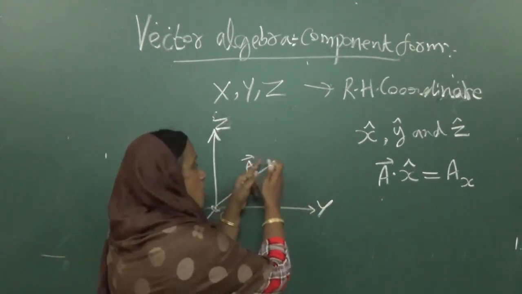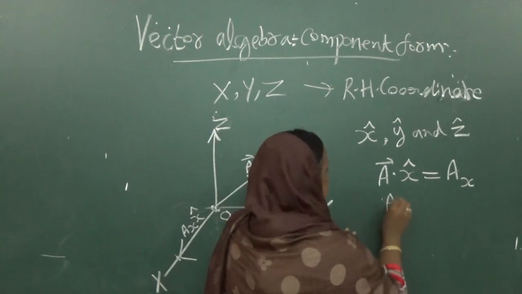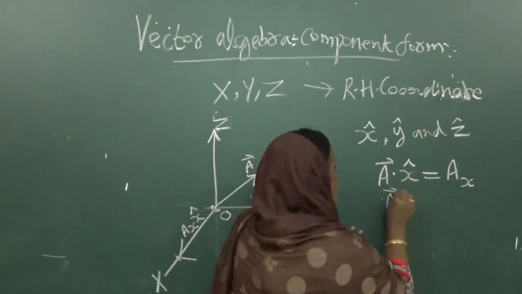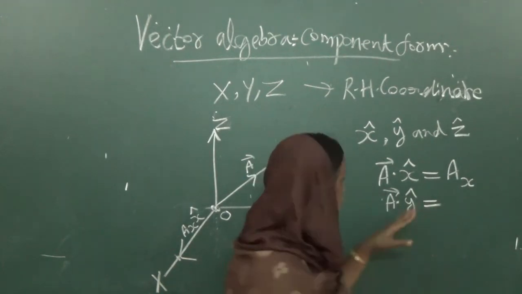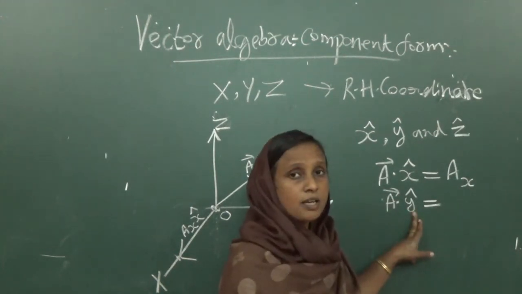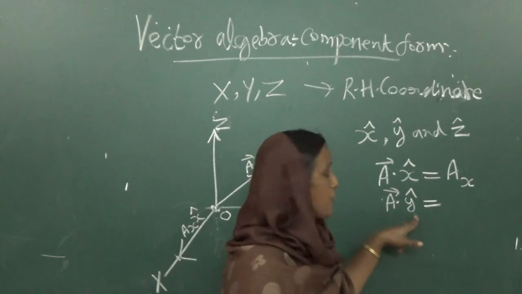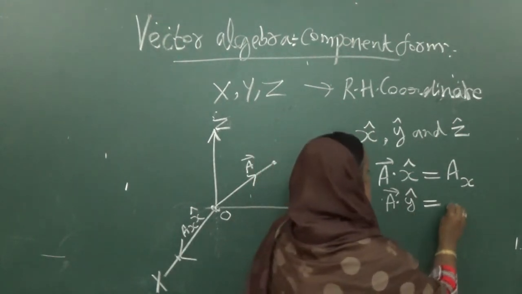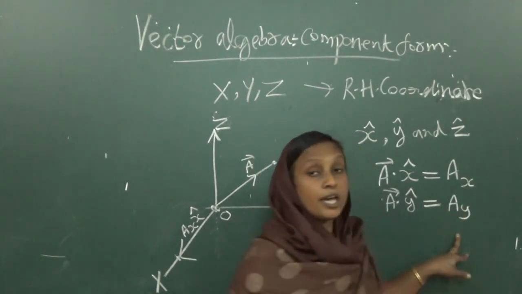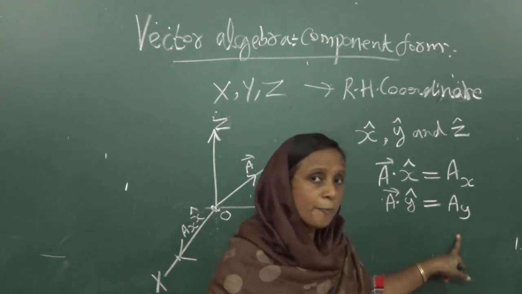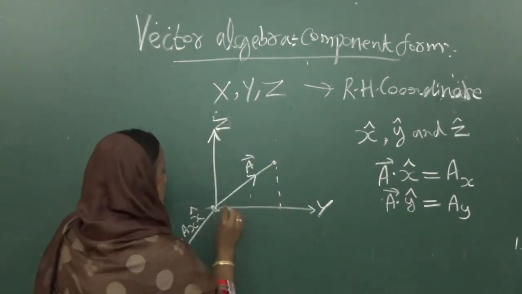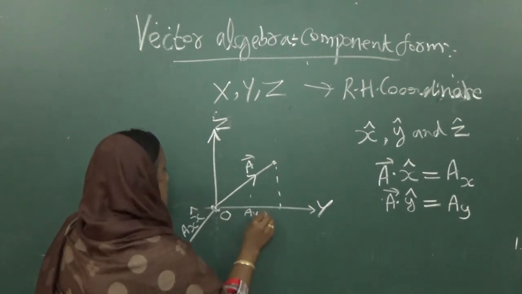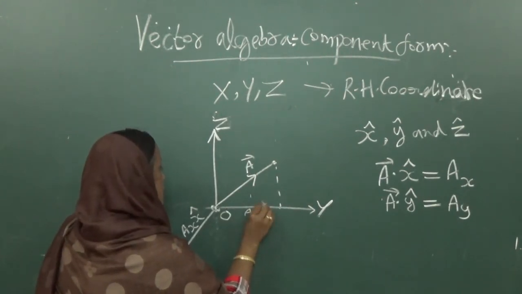Similarly, take vector A dot the unit vector along the y direction. The unit vector along the y direction is represented by y cap. So A dot y cap gives us Ay, which represents the y component of vector A. Suppose this is Ay, so this represents Ay y cap.